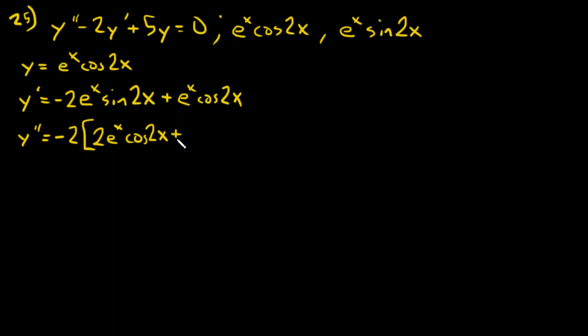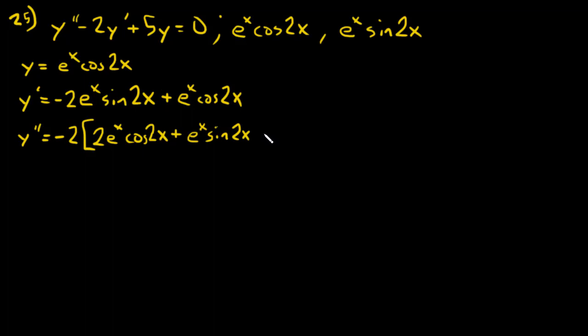Plus, I've got the second times derivative of the first, which is just going to be e to the x sine 2x. Now, the derivative of this, which we already have right here.